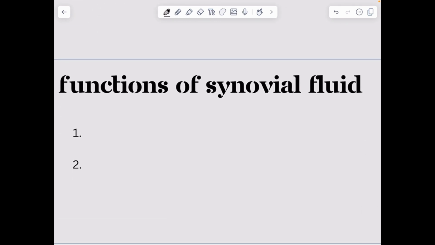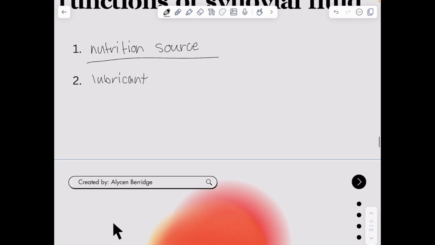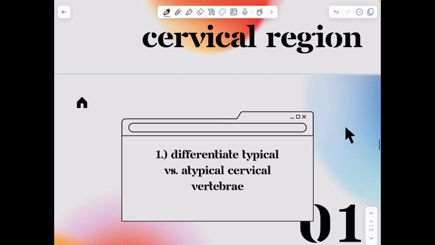So functions of the synovial fluid, once again, it's a nutrition source. That's the big one. And it's a lubricant. And with the nutrition source, it can also get rid of the waste, remember? So don't forget that.